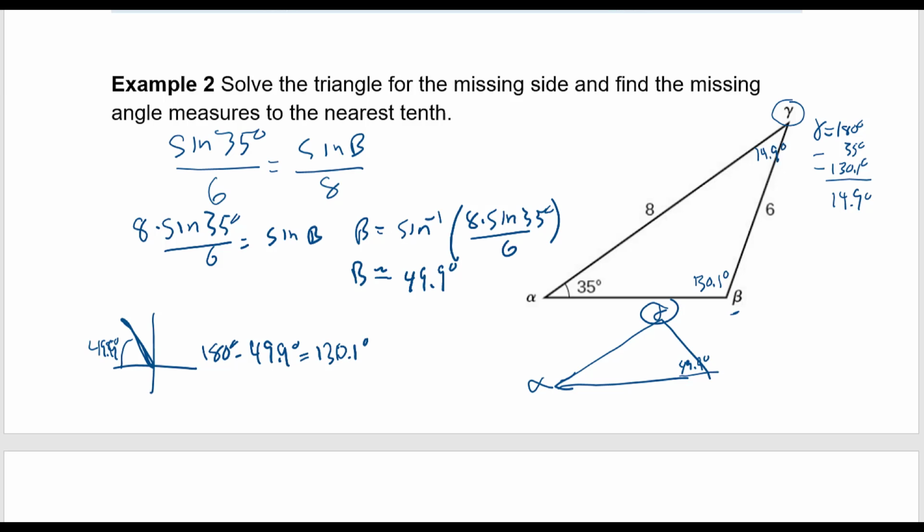In this other case, our gamma is going to be equal to 180 degrees minus the 35 degrees minus the 49.9 degrees. And that's going to give us approximately 95.1 degrees. So that's this case here.